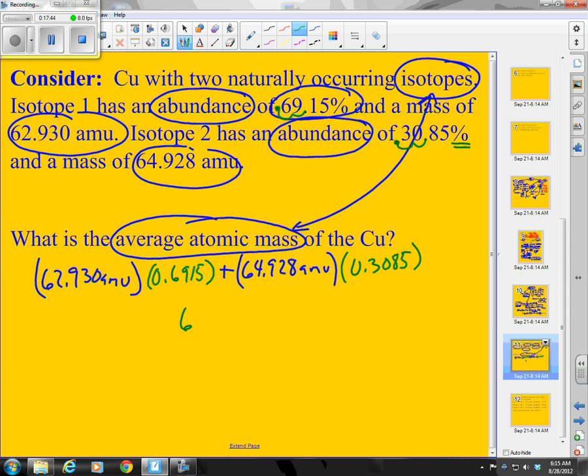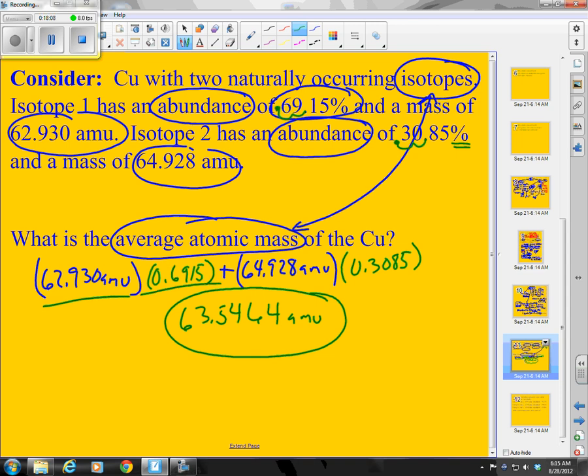I get 63.546, and I'm going to end up with 63.55, I believe, in terms of sig figs. There we go. 63.5464. And what did I do? I took the mass 1 times abundance 1, mass 2 times abundance 2.